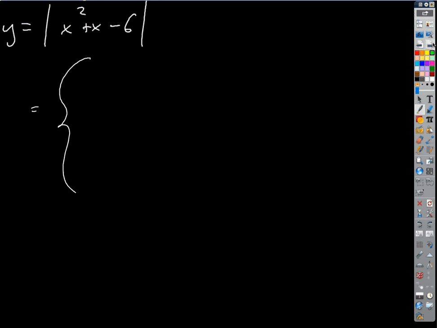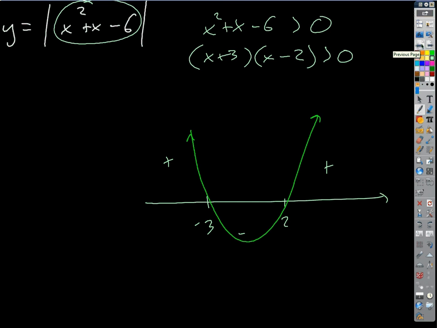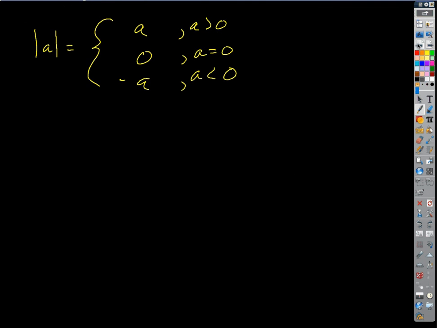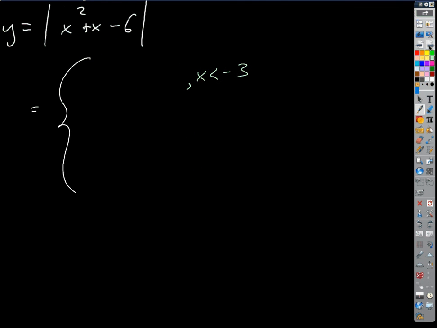We could set this up and we could say our domains are gonna be, what were they, negative 3 and positive 2 were the zeros? Yes. So if x is less than negative 3, we had positive behavior, right? Okay. That was a place where the function was positive.